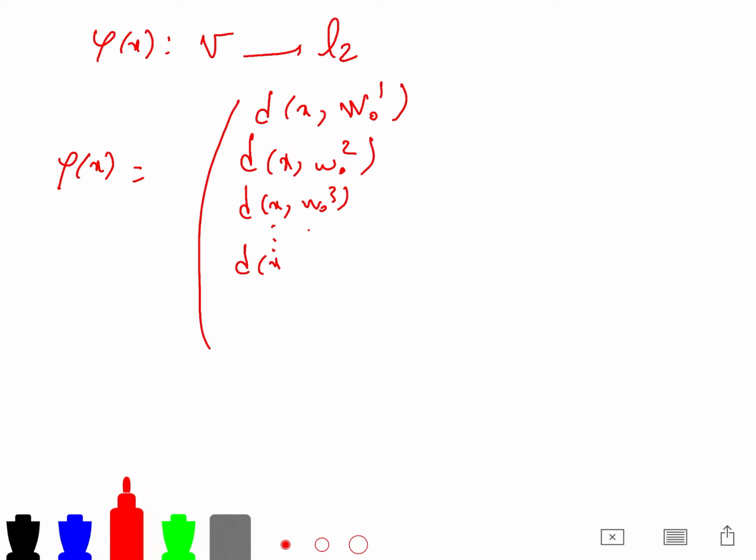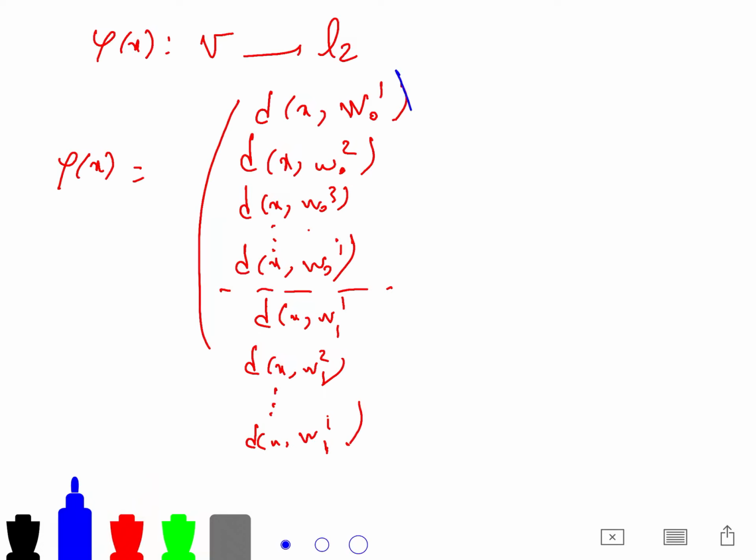This goes until D of X and W0 of I. And then augmented with D of X 1, 1, D of X W2, 1, D of X WI 1. So this is the embedding.